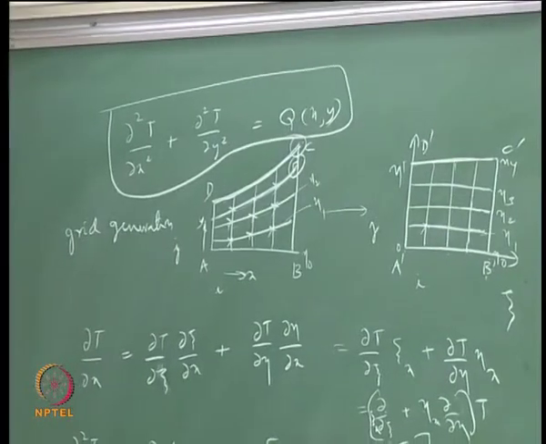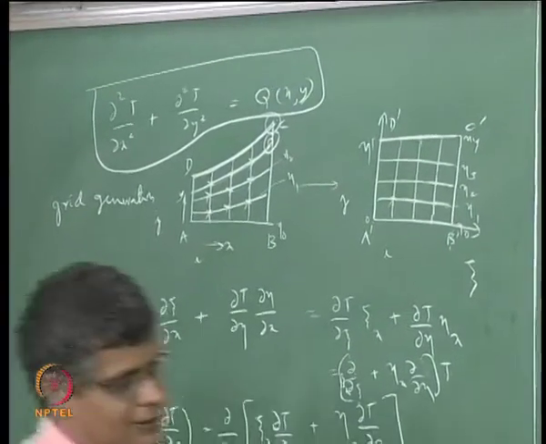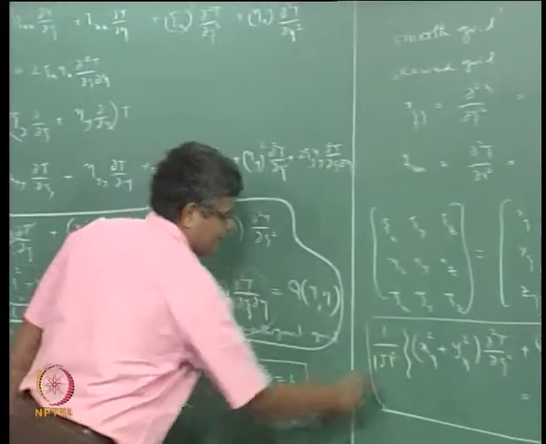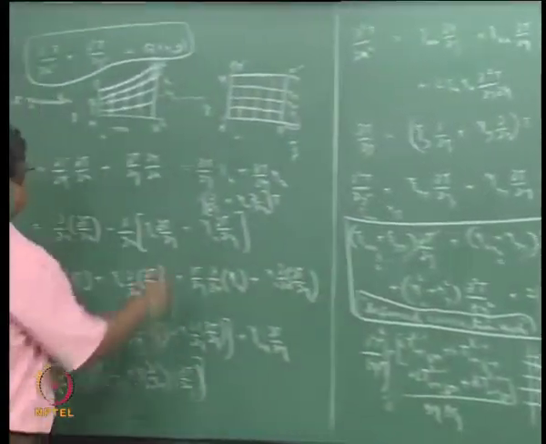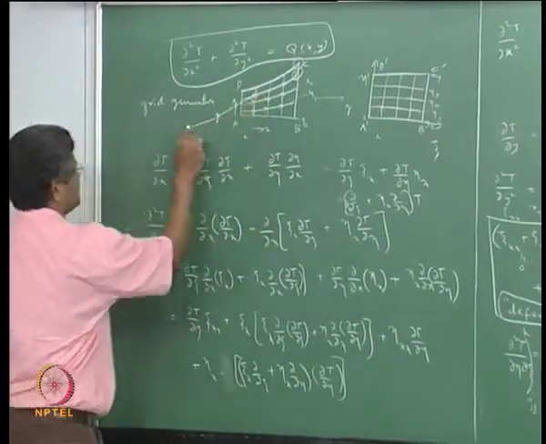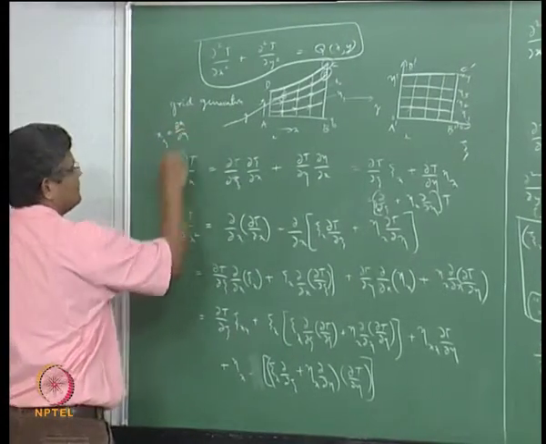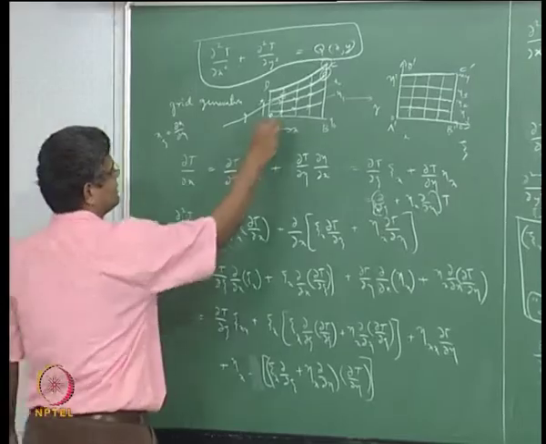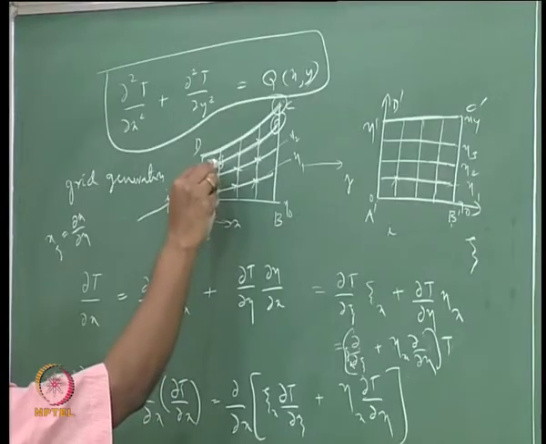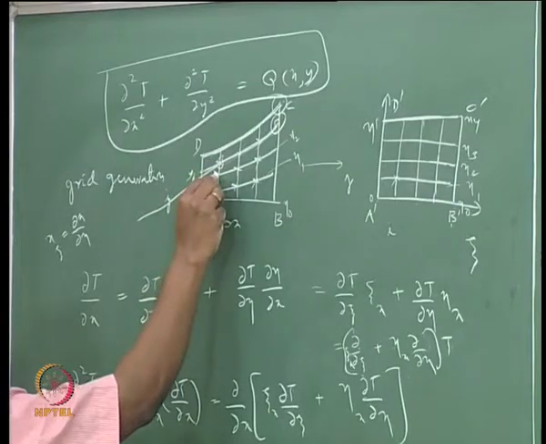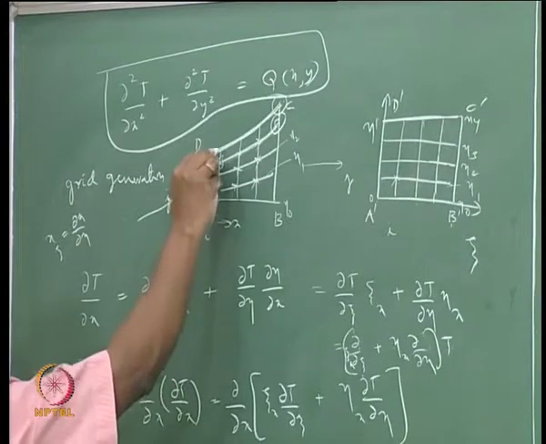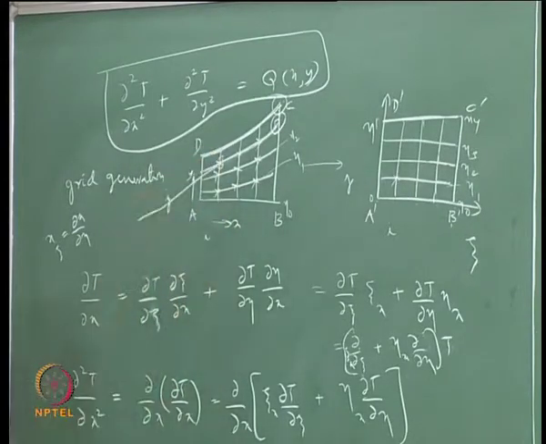So once we know the interior points, we can evaluate these x eta. For example, x eta for this point here is dou x by dou eta. That means this is x of this point minus x of this point divided by this distance.